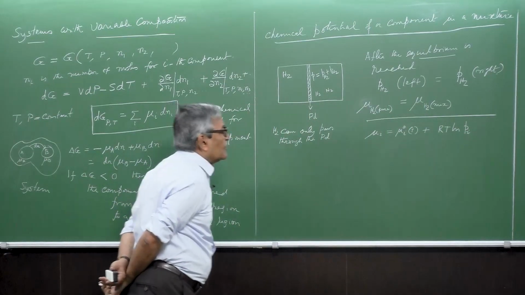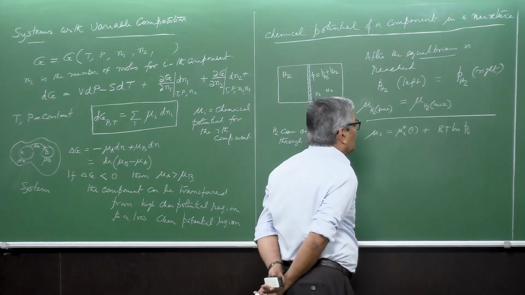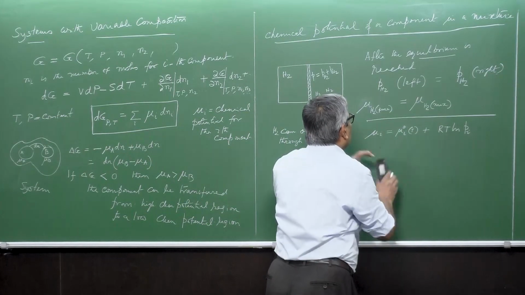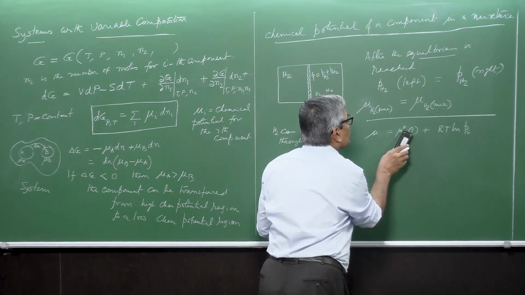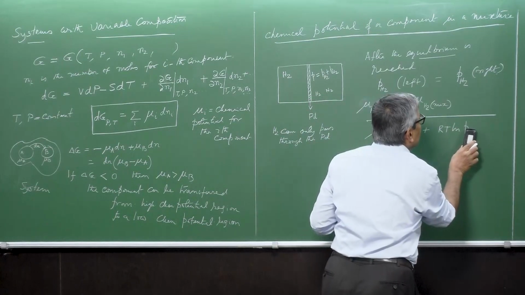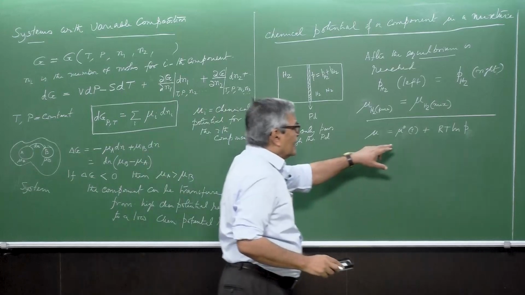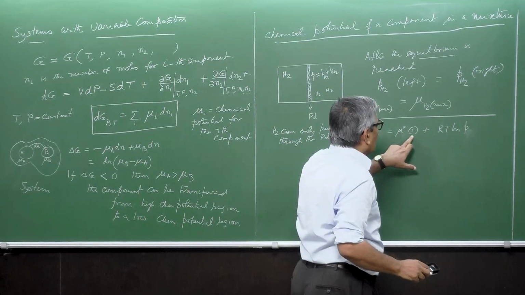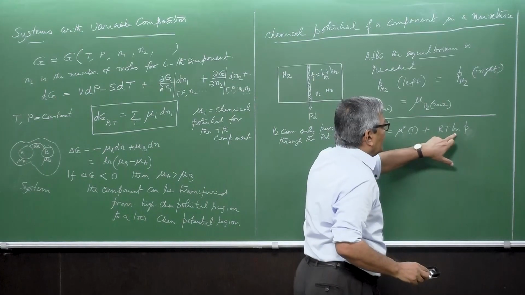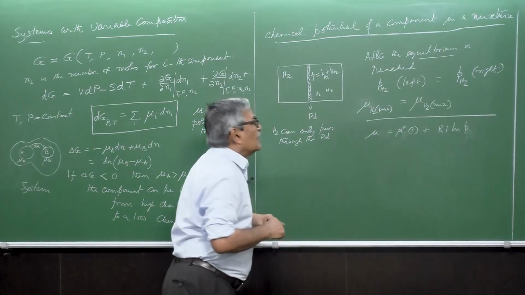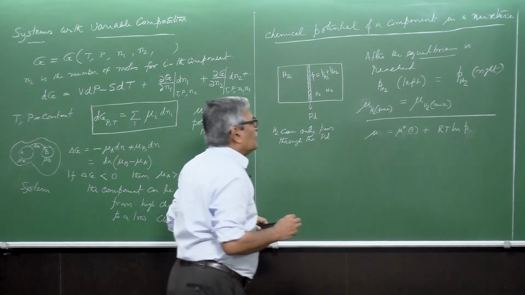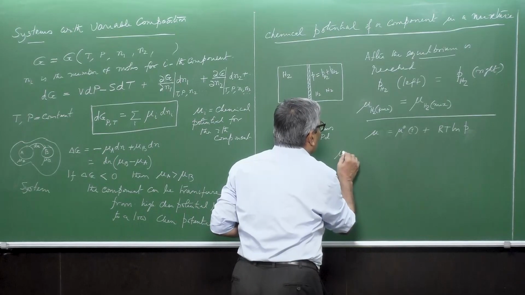This is for any pure component system. If I just remove the i's, it is what we have already shown. For an ideal gas, mu equals mu 0 plus RT ln P of that gas.